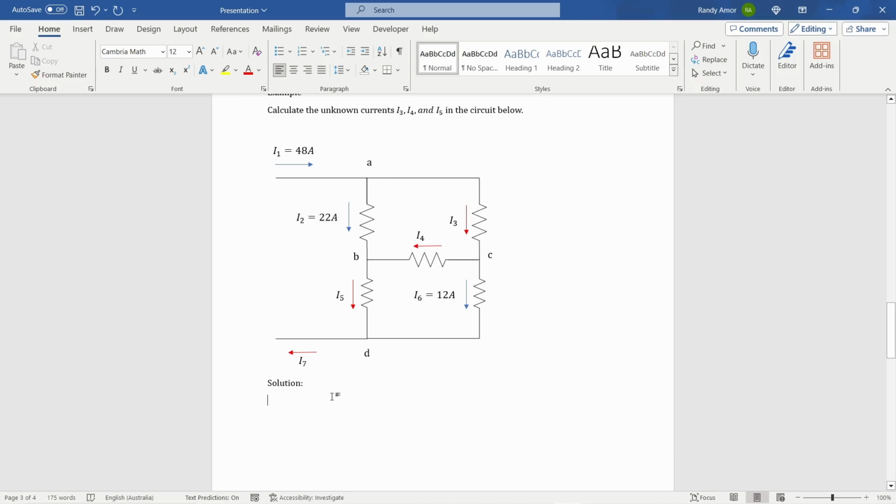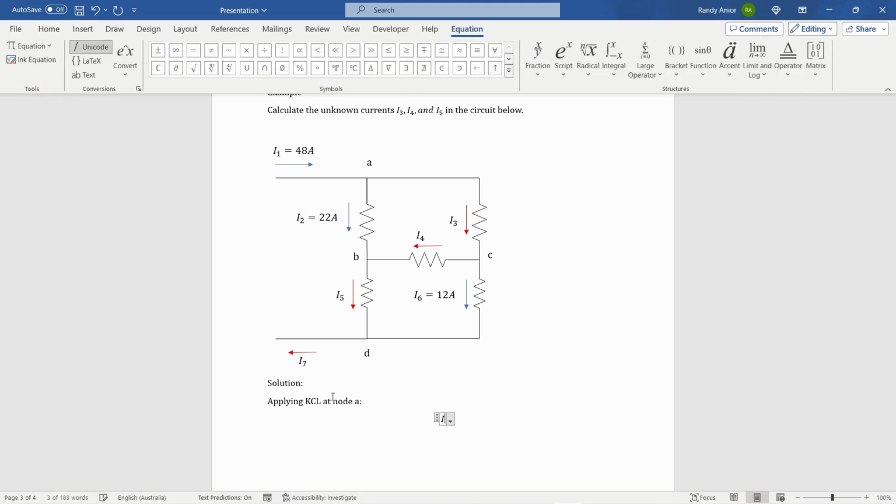So, applying KCL at node A, I1, which is the current entering, is equal to the sum of the currents leaving, which is I2 plus I3.